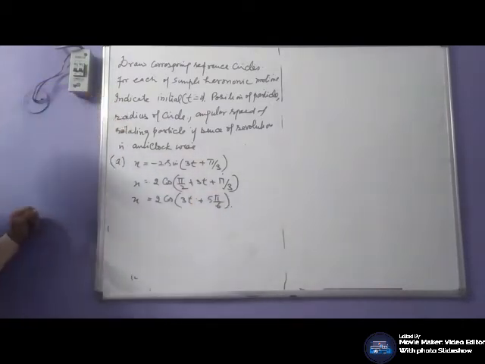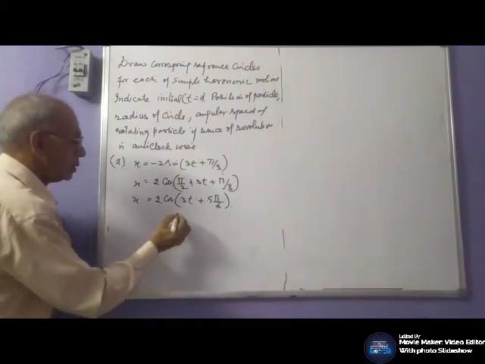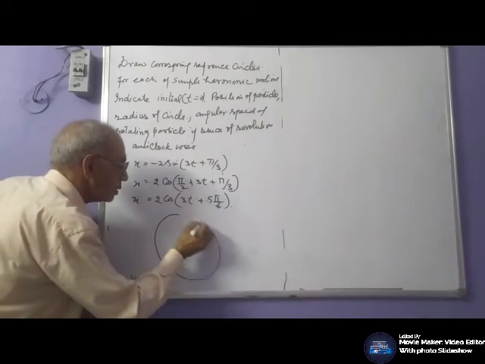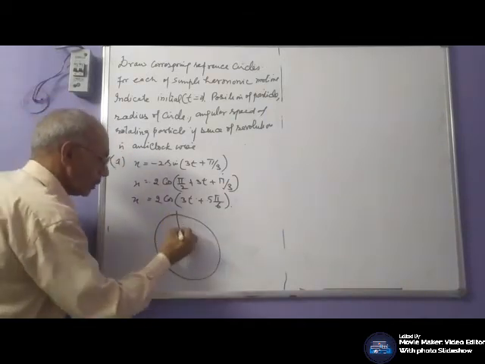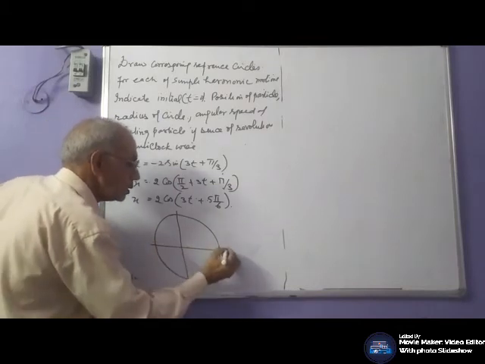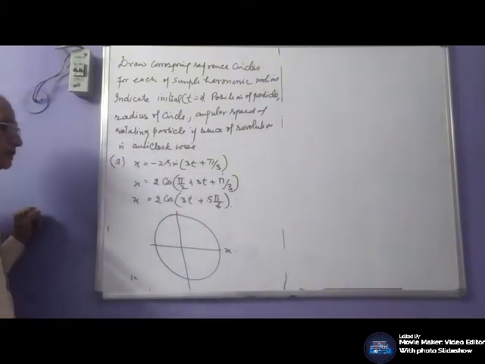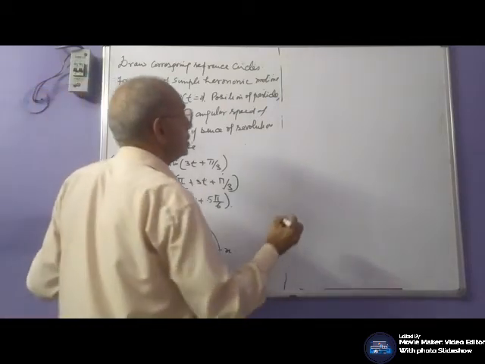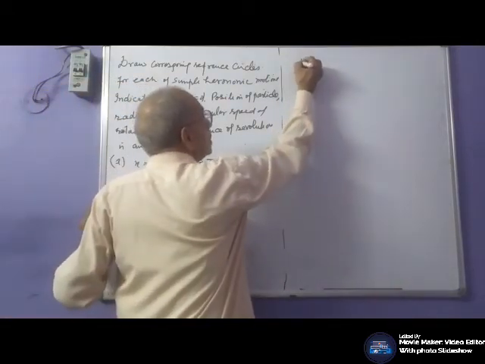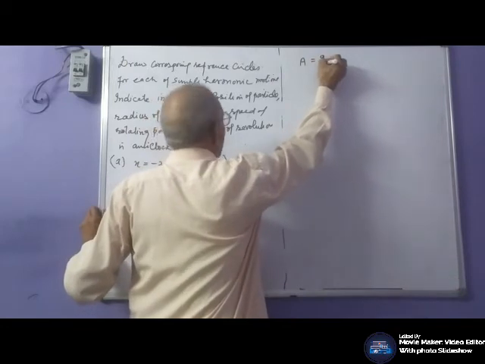This is the equation. Corresponding circle. This is x. Here A is 2.